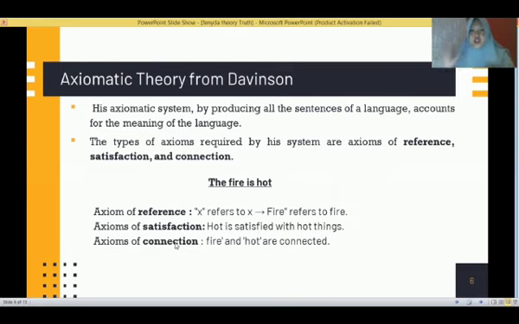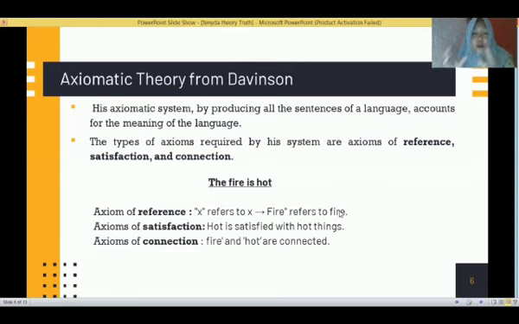Look at the example in this slide: fire is hot. The axiom of reference: X refers to X. So fire refers to fire.